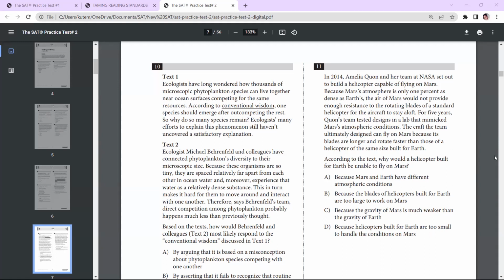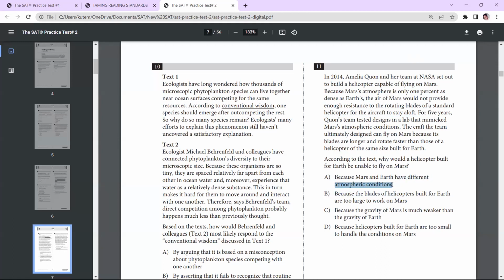And this is also an amazing example of how small details can be manipulated into making you go for the wrong answer. So A is correct because the explanation comes down to the density of the air, right? It won't provide enough resistance for the aircraft to be able to fly. So that's to do with the atmospheric conditions.